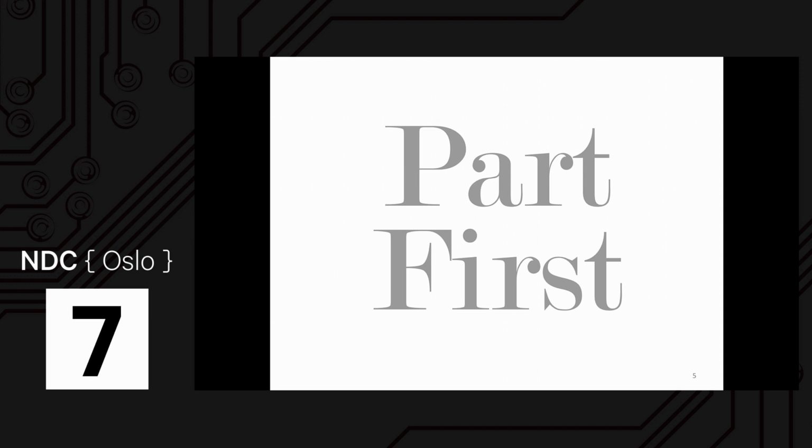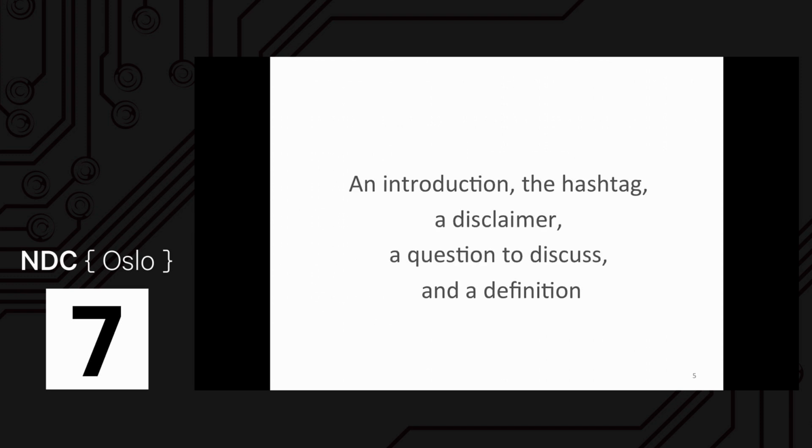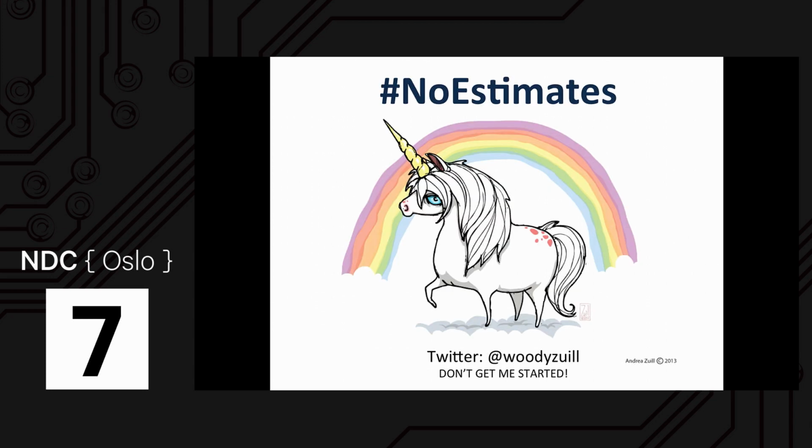So I'm going to talk to you about, first of all, the hashtag of no estimates. That's just sort of a consequence of talking about no estimates. If you do it in Twitter, you end up eventually with a hashtag on it. So I want to talk a little bit about that, and then come up with a couple definitions of things so we have a common understanding. First of all, the hashtag: I first started using this in 2012, and I believe I was the first one, at least in this conversation, to use the hashtag of no estimates.